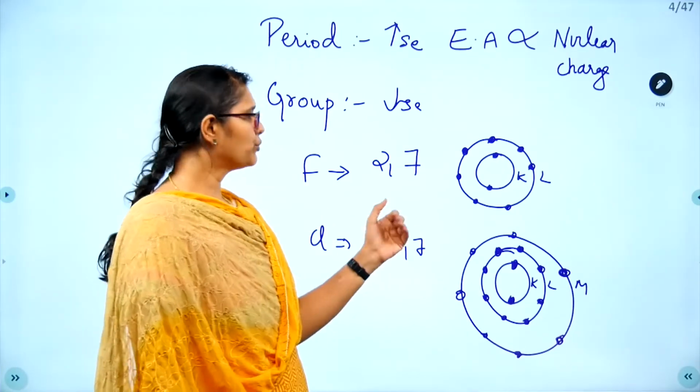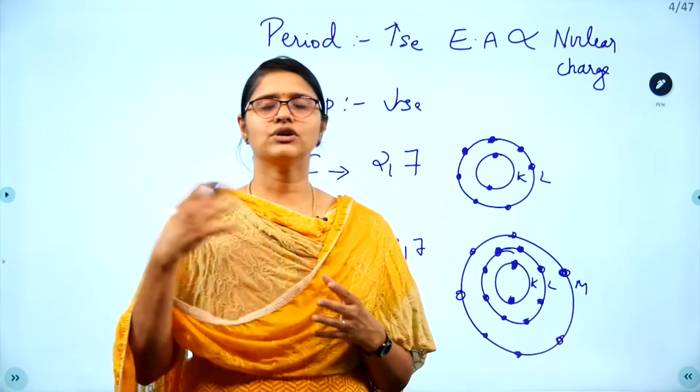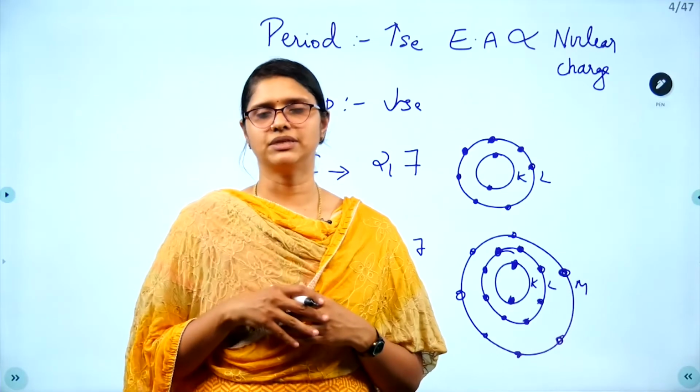So when you compare fluorine and chlorine, chlorine has the bigger shell, so the electrons are very easily accepted, correct?